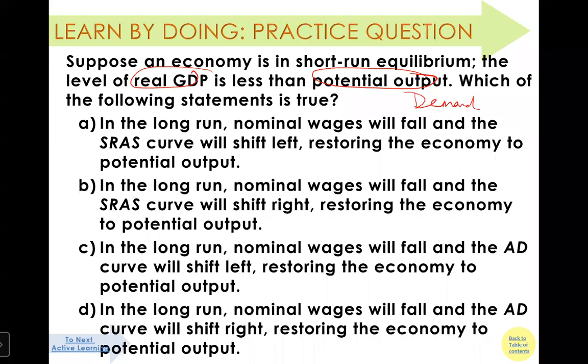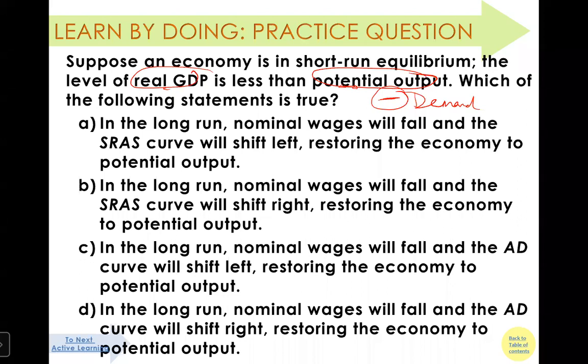This is number one. Now, the real GDP is below potential. So from the discussion we had earlier, this is caused by a negative demand shock, right? Okay, with the negative demand shock, what's going to happen afterwards?